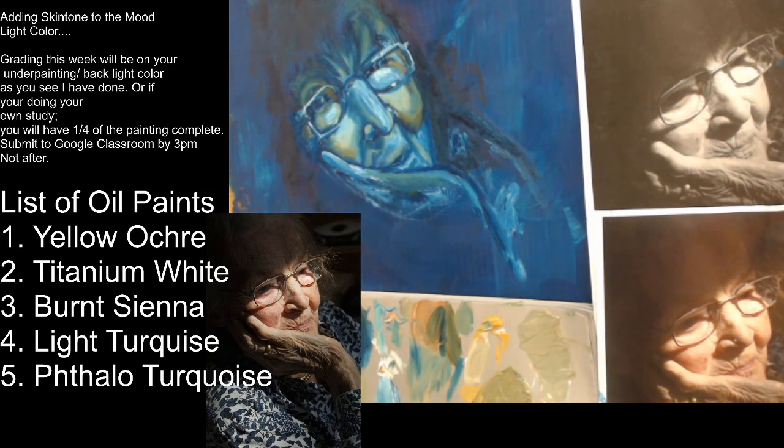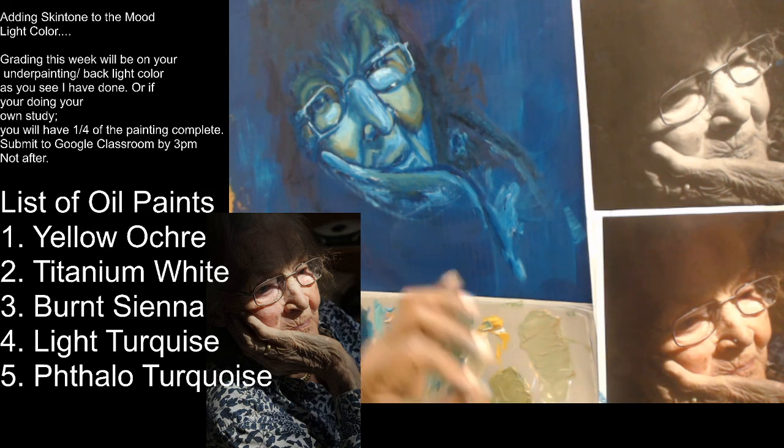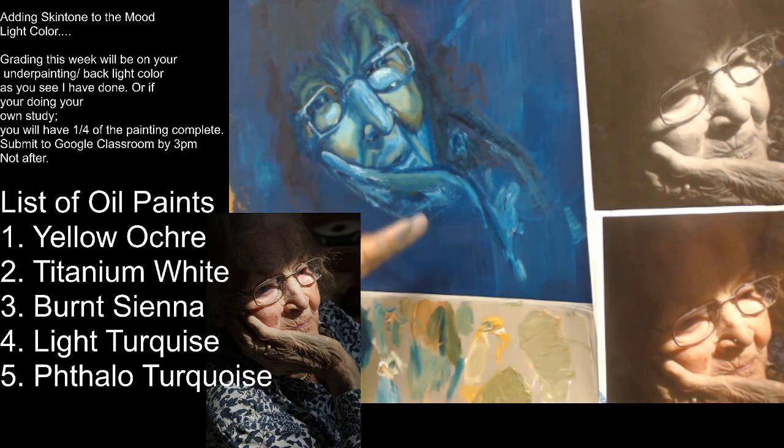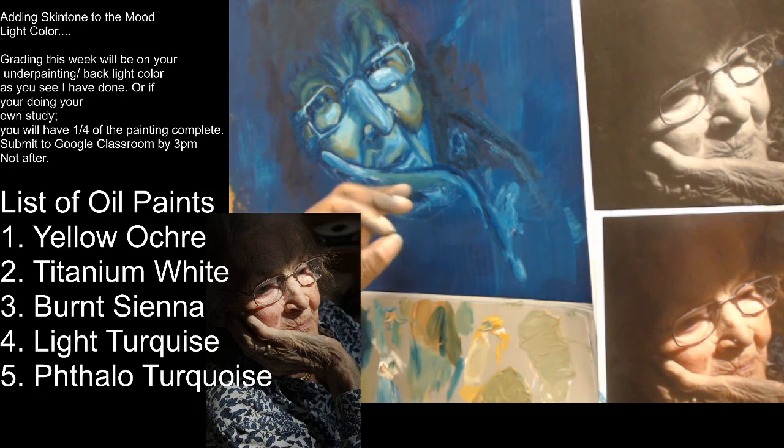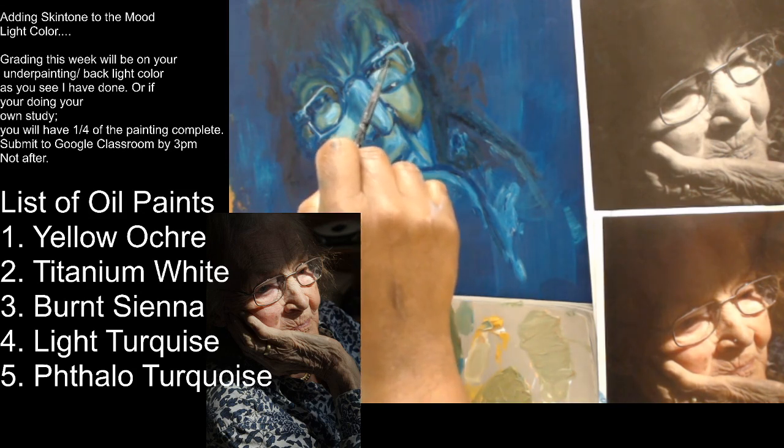Now, we are getting a little bit of green undertones for this, and that's okay, because we still see the blues coming through. But with so much yellow in the brown, it's going to make a little green tint to the skin, and again, that is okay.